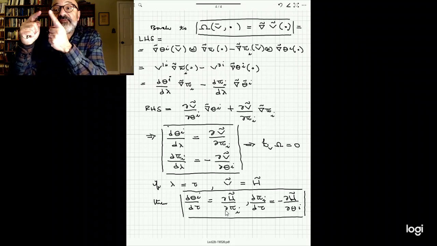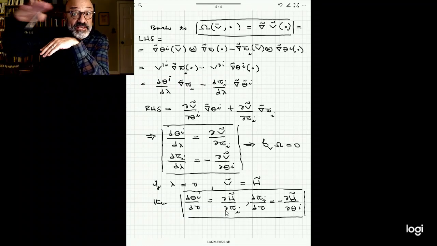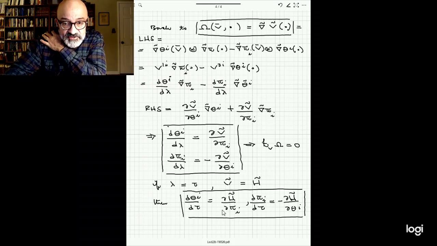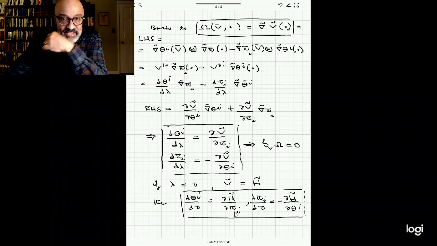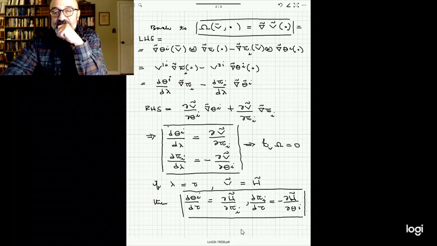Once you have coordinates and associated momenta, the coordinates on the cotangent spaces, we're going to interpret the coordinates on the cotangent spaces as the momenta conjugate to the position coordinates. But here we're talking about something that has nothing to do with classical mechanics. The formalism is exactly the same, right? So this is a remarkable result.